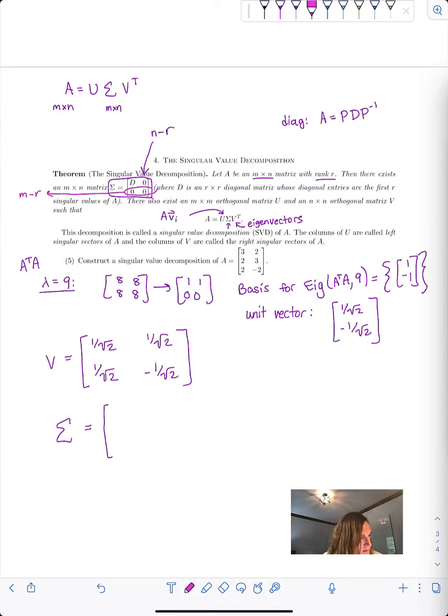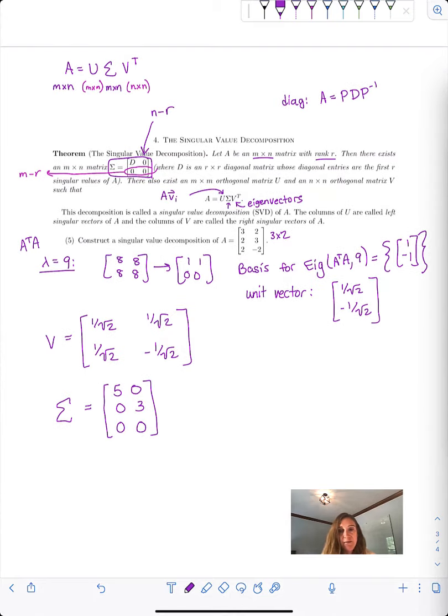That means our U has to be m by m, and our V transpose has to be n by n. In this case, A was a 3 by 2 matrix. So we put our singular values in like a diagonal matrix, and then we fill out with zeros until it's the size of A.